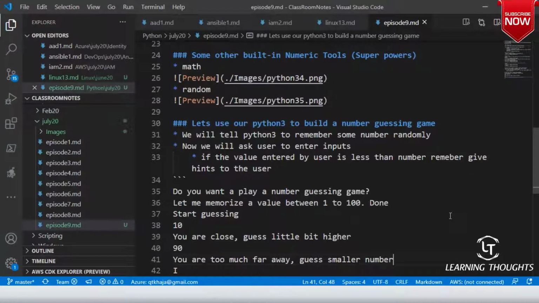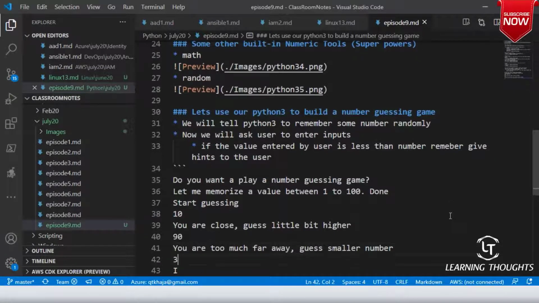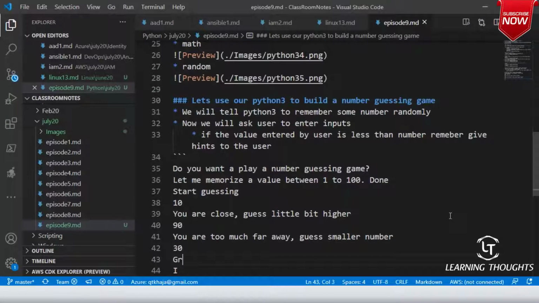At least forget about how to write it. Is there any difficulty in understanding this problem? Once the user guesses it correctly, we will tell them, wonderful, you have guessed the value. Now the user enters 30. Great. You are wonderful at guessing. Play poker today or rummy today. Something like this, some fun message.